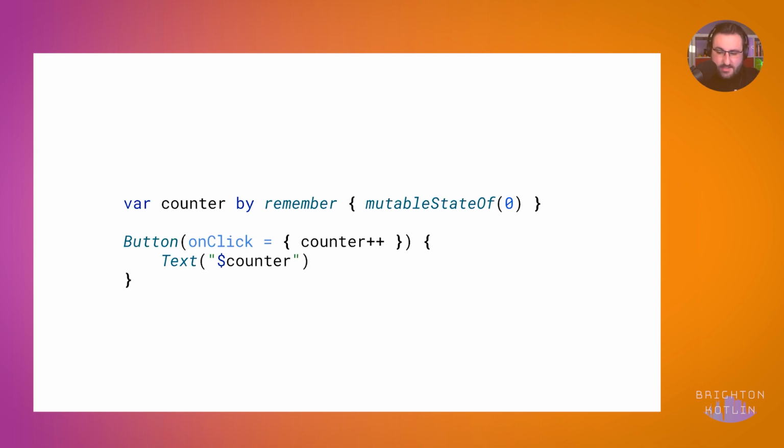In this case, we say that we want to have a button that shows the content of the counter variable. And then if we click on this button, we have an on-click event registered, as you can see. And when someone presses the button, the counter just goes up by 1.